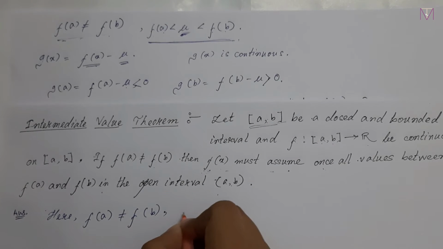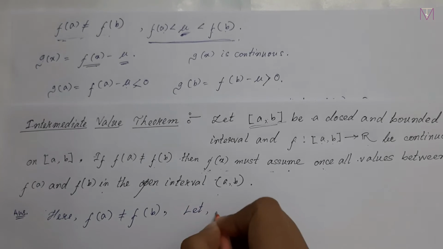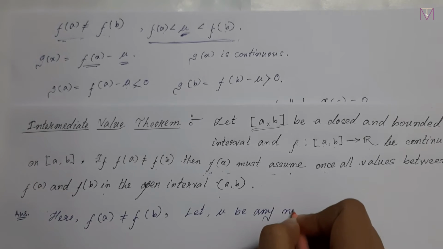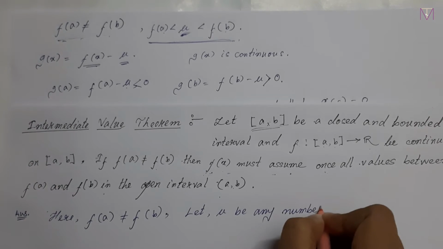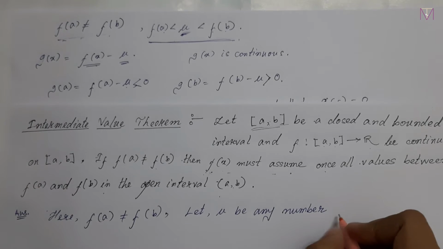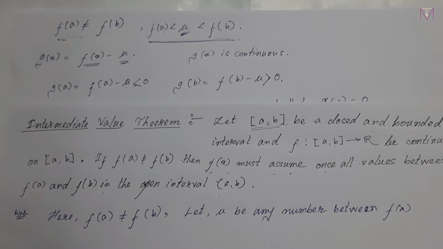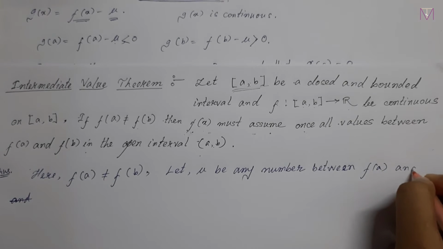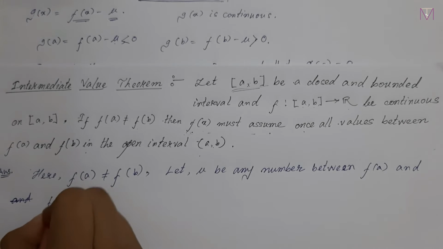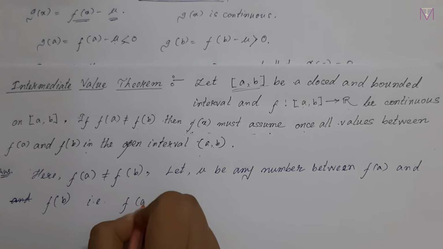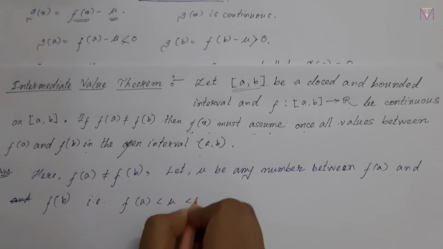So let's write: let mu be any number, that is, f(a) less than mu less than f(b).